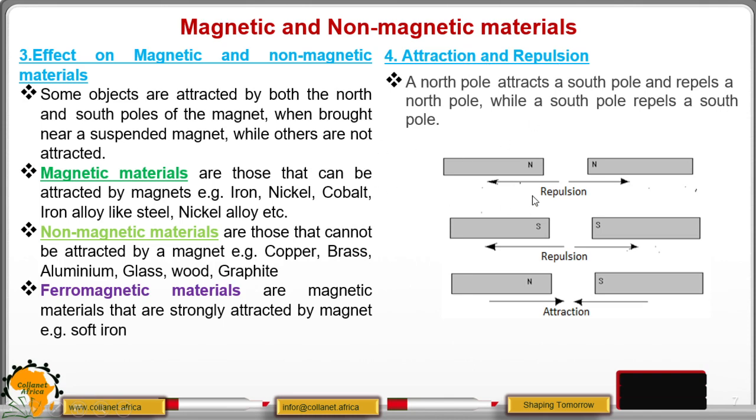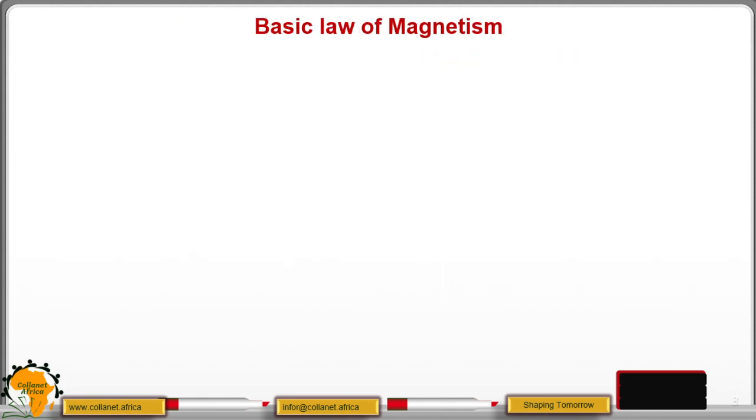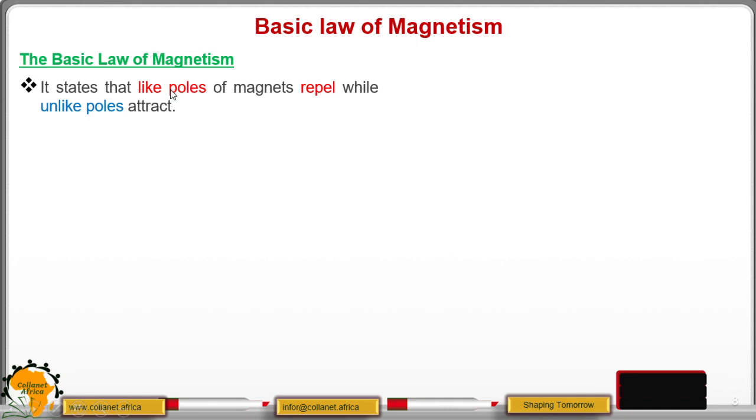And this one you can do practically in your school. You can just get two bar magnets and then try to see the repulsion and attraction. Then from there, we move to the basic law of magnetism. Now we have seen that like poles are repelling and unlike poles are attracting.